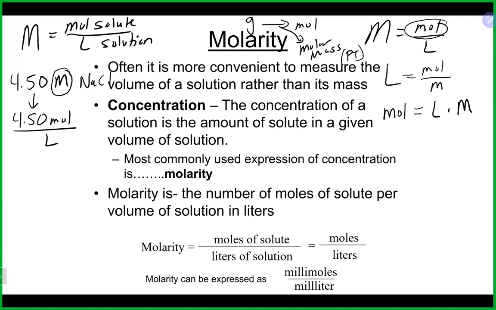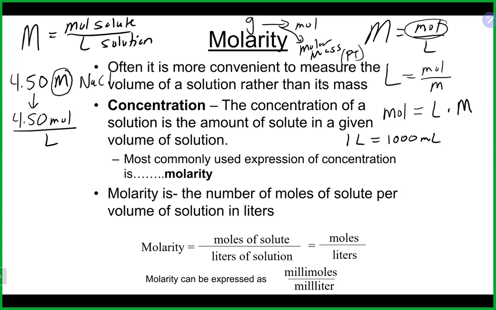Also, a very common conversion that you have to do with this is milliliters to liters. In the laboratory, very often you collect volume that's in milliliters, and you have to use liters in this formula. So again, there are 1,000 milliliters in 1 liter, which is also a very common conversion used in these problems.